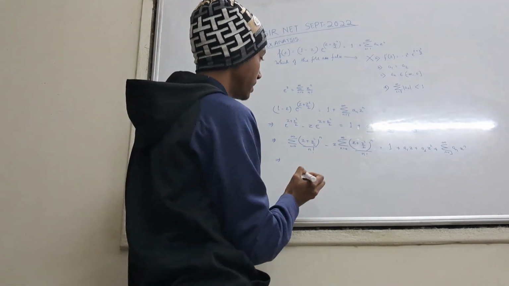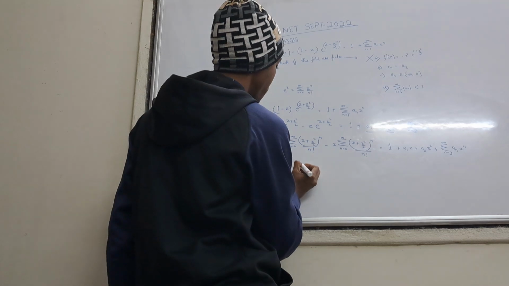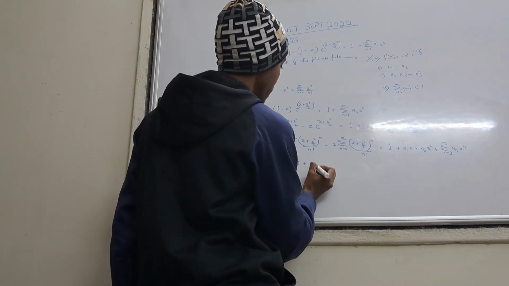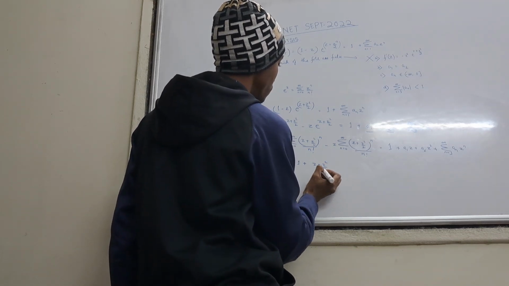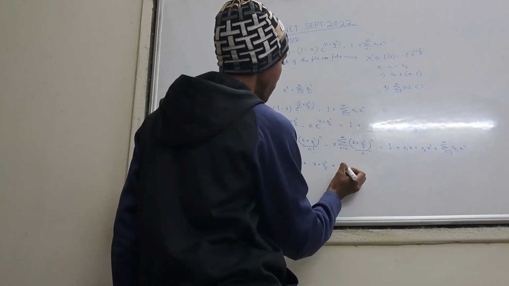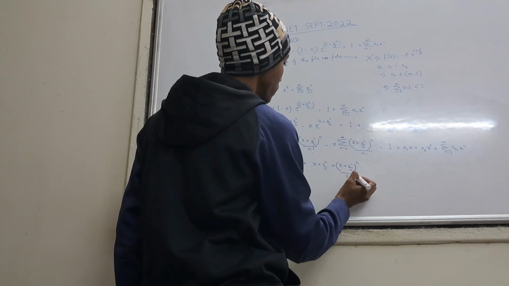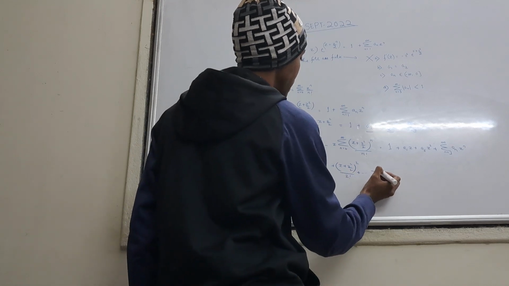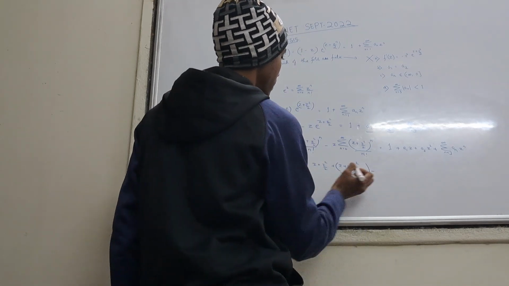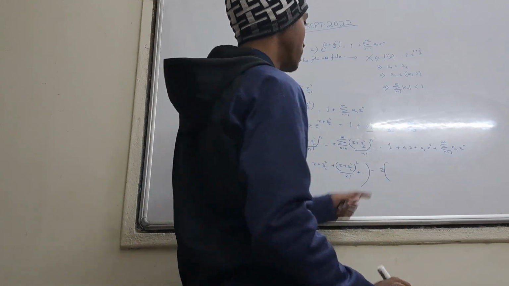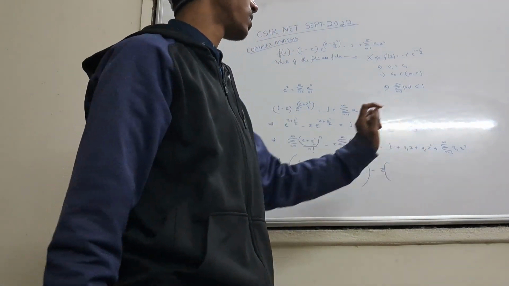So we'll expand it again. What will we get? 1 plus z plus z square by 2 plus z plus z square by 2 whole square by 2 factorial and so on, minus z into, we have to see the coefficient of z and the coefficient of z square.